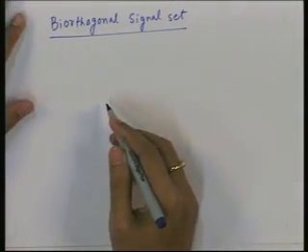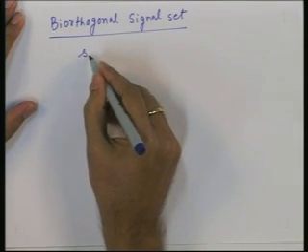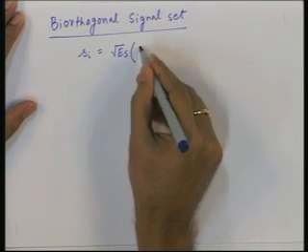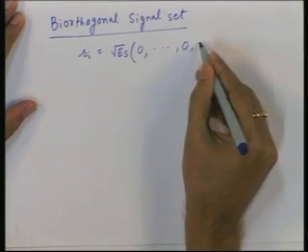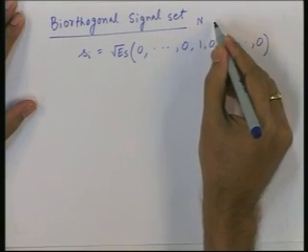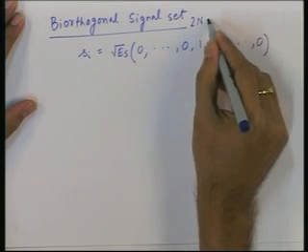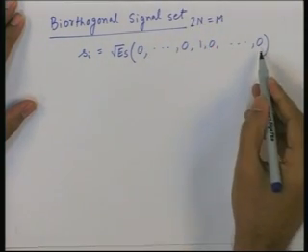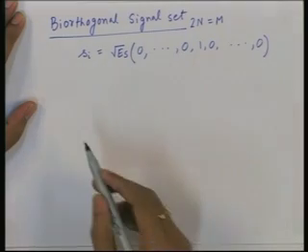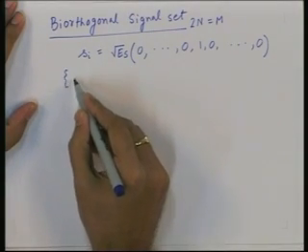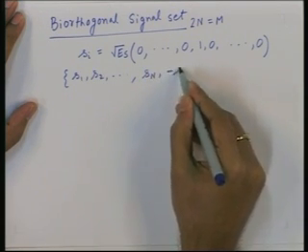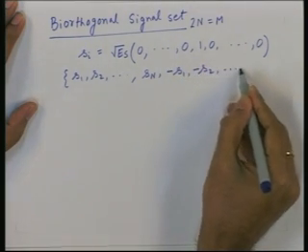Here for a biorthogonal signal set we have some N number of signal points of this type, and we know that the dimension is N and the number of points is 2 times N. So, there are N components, and the ith signal point for i equal to 1 to capital N is this, and then the whole signal set is S1, S2 to SN, then the negatives of them, minus S1, minus S2 till minus SN.